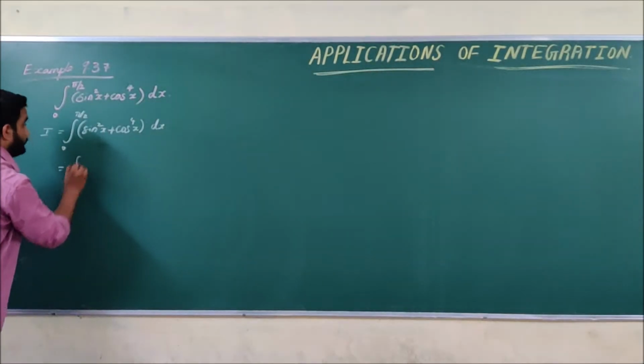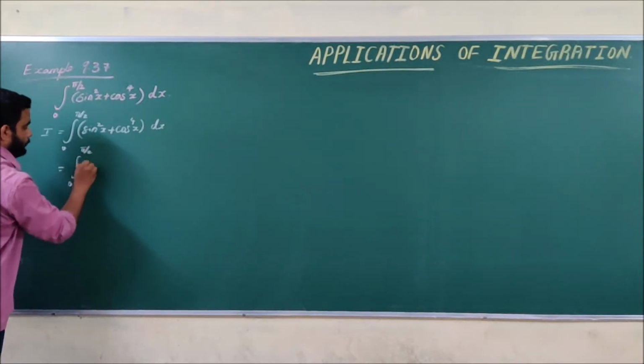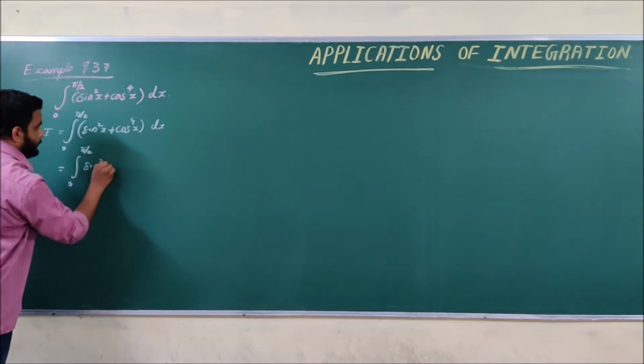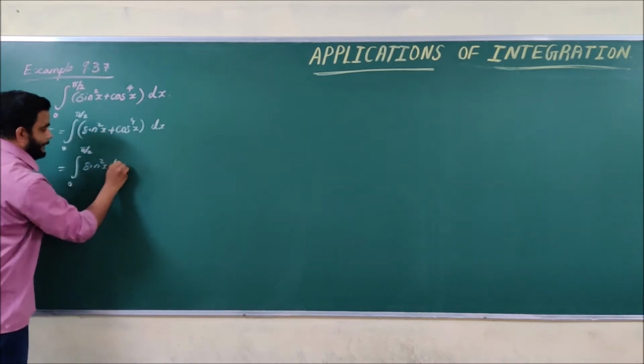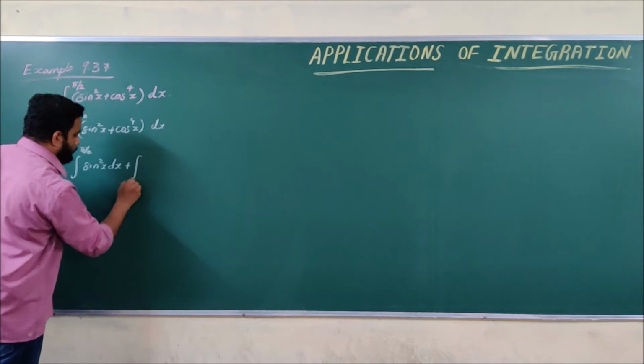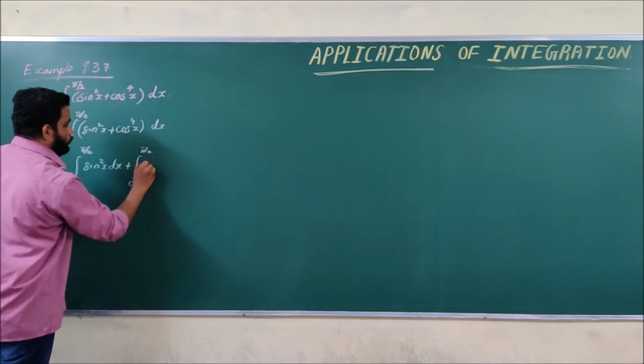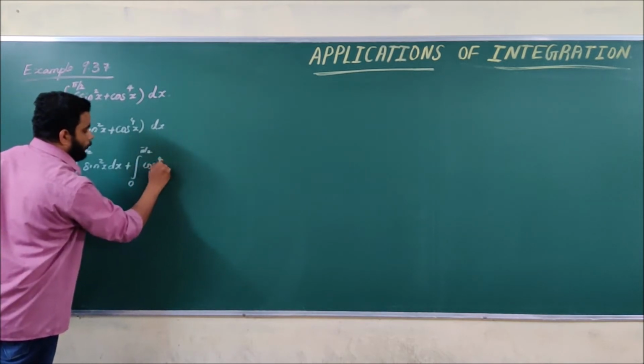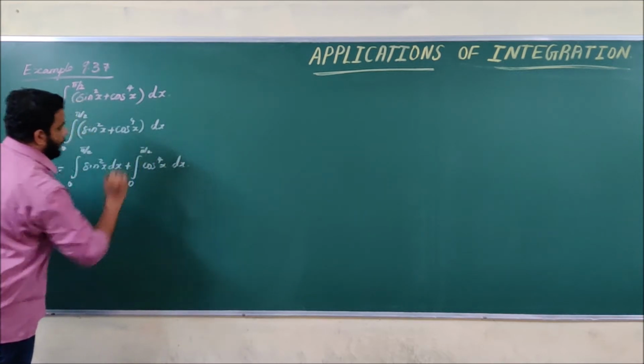So the integral from 0 to pi by 2 of sin square x dx plus the integral from 0 to pi by 2 of cos power 4 x dx.